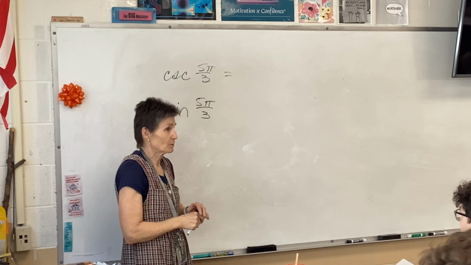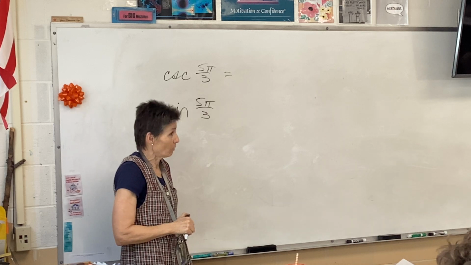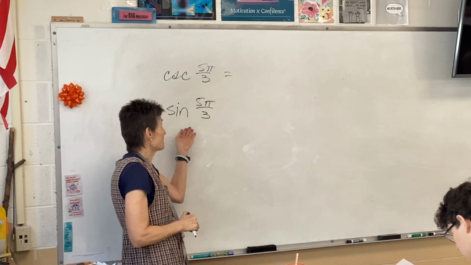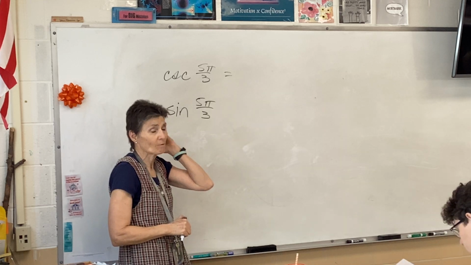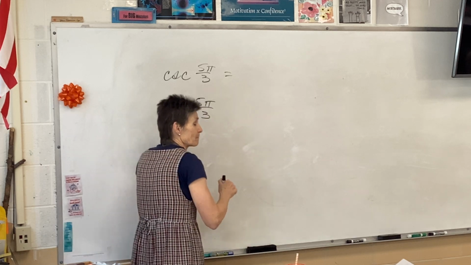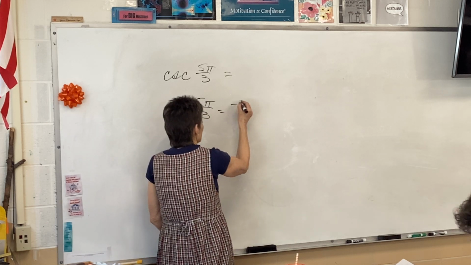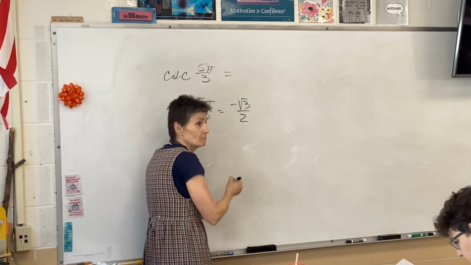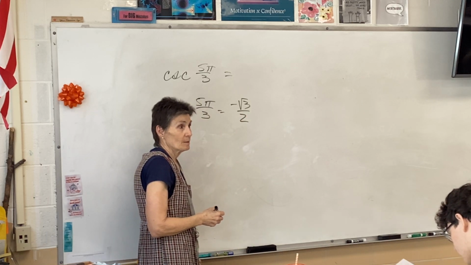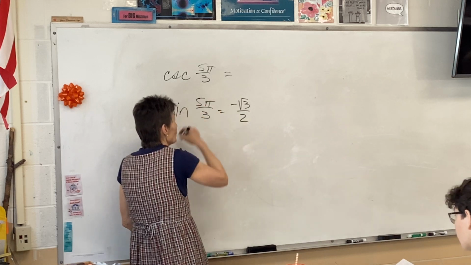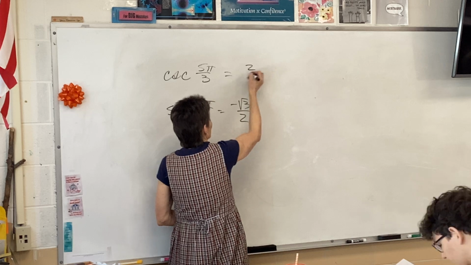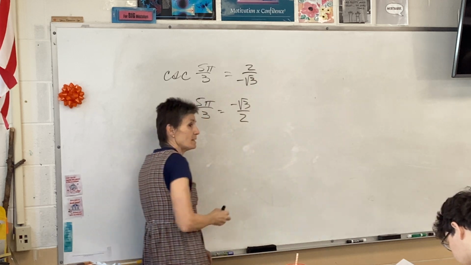You better be able to find the sine of 5 pi over 3, Owen and Cole. That's right off your unit circle. What is the sine of 5 pi over 3? Negative root 3 over 2. Which means what is the cosecant then? 2 over negative root 3.